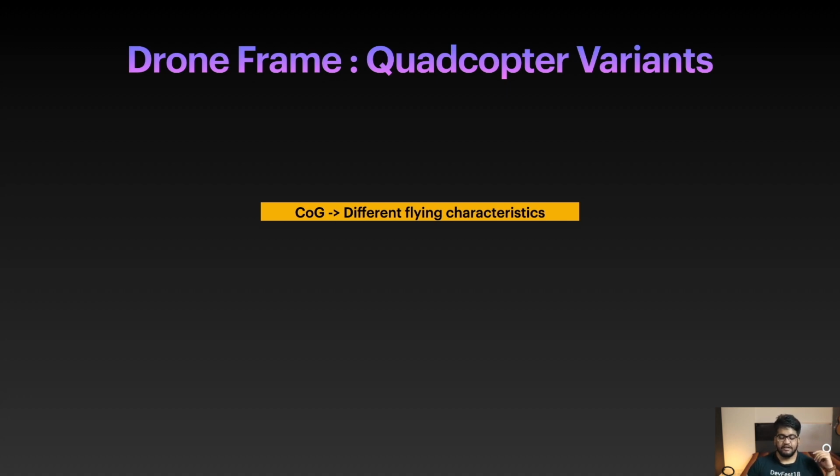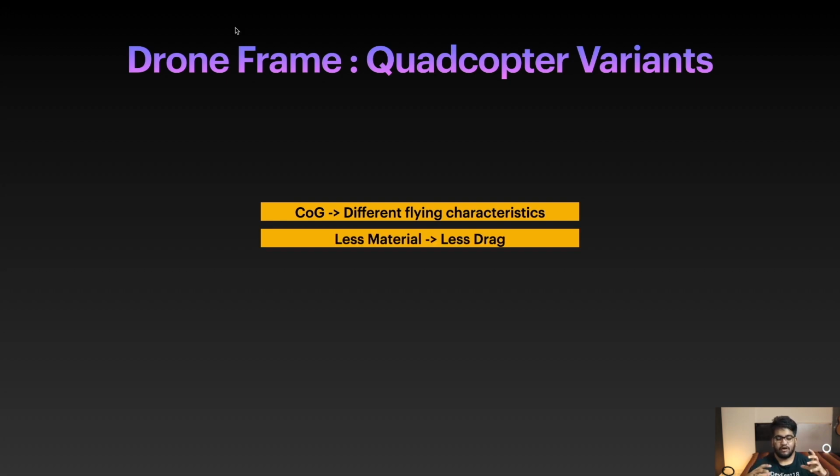The other thing is, if your drone frame has less material overall compared to another frame which has thicker arms, if your drone frame has thinner arms and so on, that would have less drag. We discussed that in the last class, that the shape of the material and the amount of the material exposed to a fluid contribute to the drag. So the less material your drone frame has, the less drag it would have.